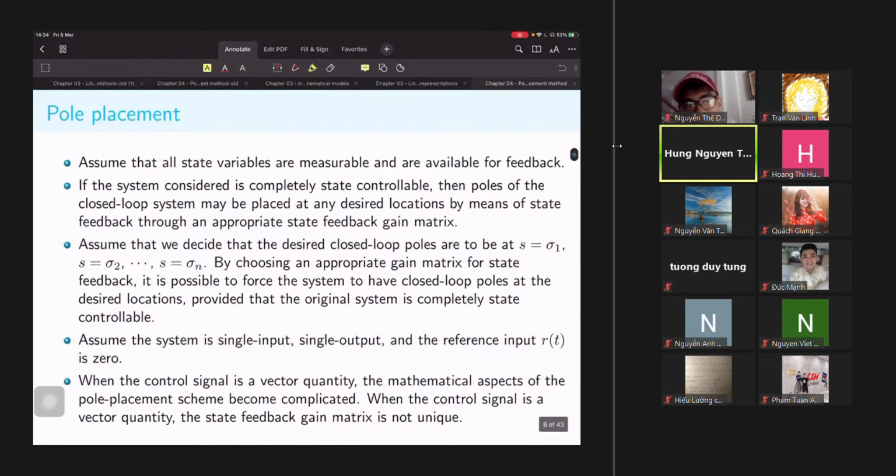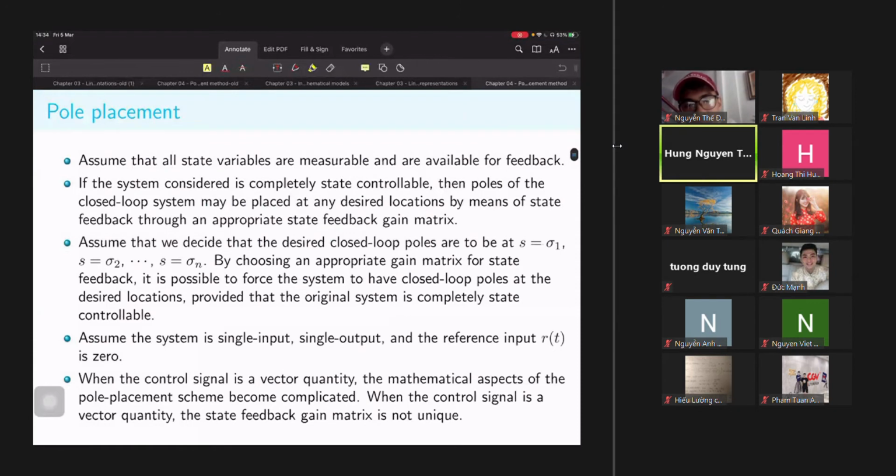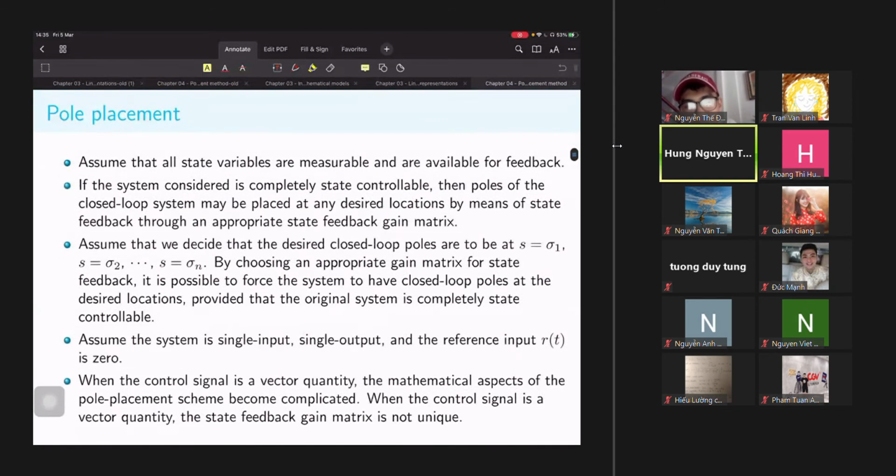We assume first that all state variables are measurable and available for feedback, so we don't need to design observers. If the system is completely state controllable, then the poles of the closed loop system may be placed at any desired location by means of state feedback through an appropriate state feedback gain matrix, and only if the system is completely state controllable.